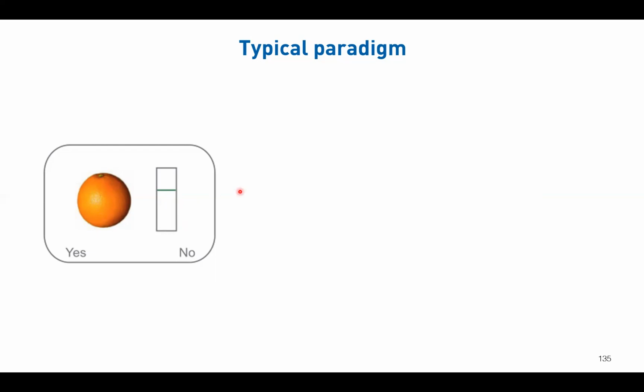So then this measures how much willingness you have, how much you would like to invest to get this object. If orange means a lot to you, even though this energy threshold is high, you still want to try as hard as you can so that you can get the orange.